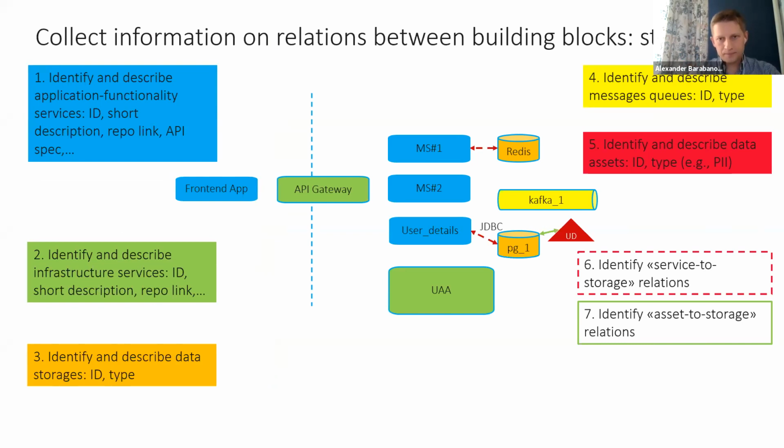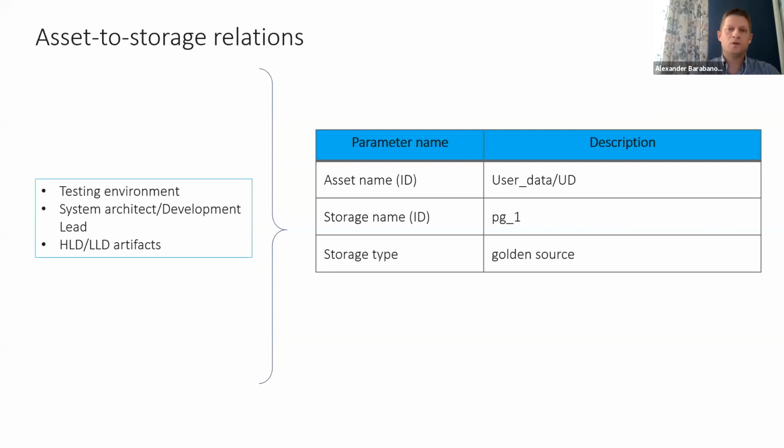And again, you collect some information about asset ID and corresponding storage ID, as well as a storage type, because storage can be a golden source for that asset, or it may be a cache.